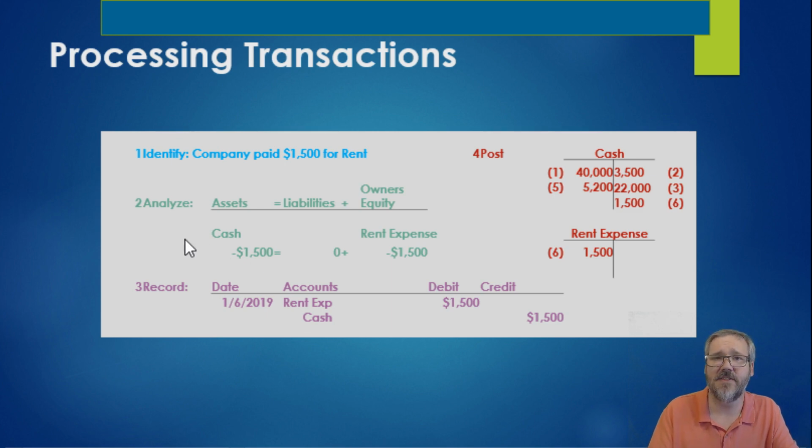When I analyze this transaction, I recognize, and again, this doesn't say cash, right? But if I paid $1,500 for rent, well, yeah, I obviously paid cash. So when I analyze this transaction, I've got my asset, cash. Again, it's going down. It is being decreased by $1,500. How do I decrease cash?